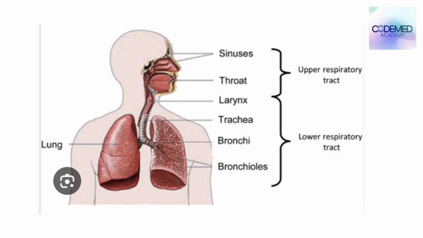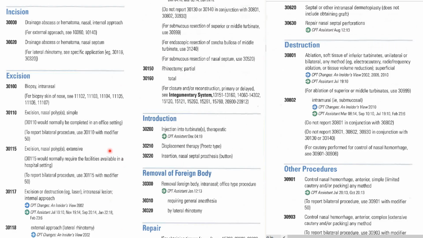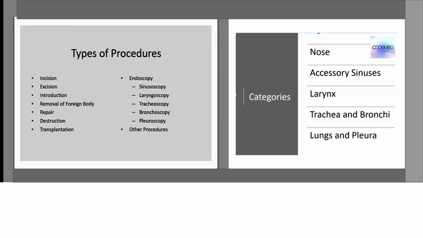This is a snapshot of the book where you will get a clear-cut understanding that incision, excision, introduction, removal, repair, destruction and other procedures related to the nose are divided in your book, and you can go through it so that you get a good idea about the book. We'll cover nose and accessory sinuses in this part.